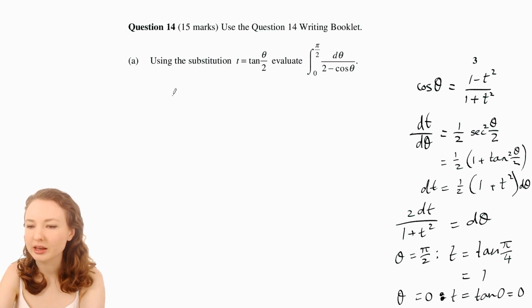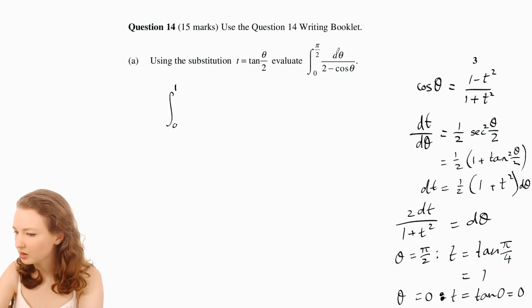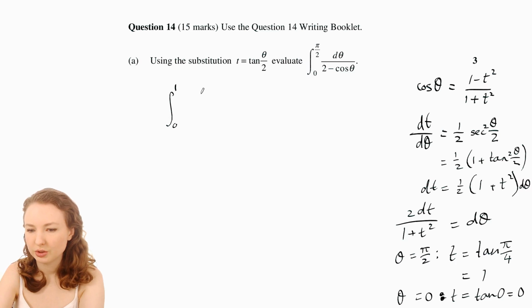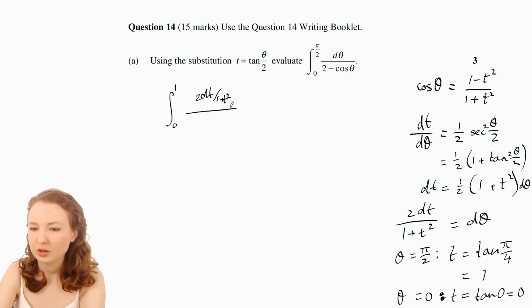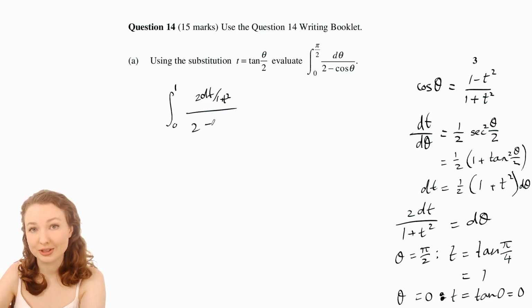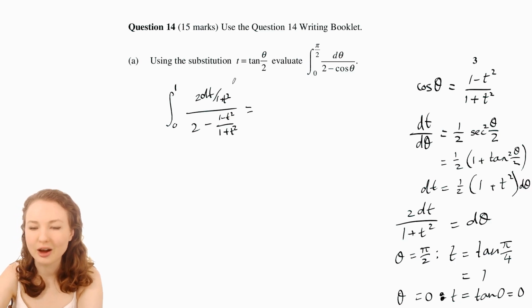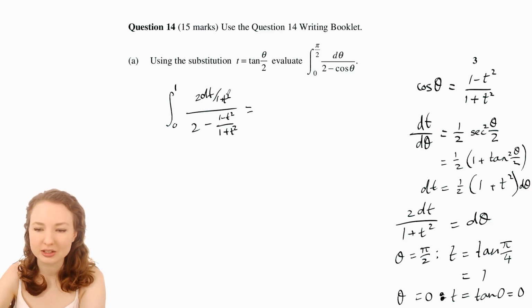Okay, so now we can say it's the integral from 0 to 1 of d theta, which is 2 dt on 1 plus t squared, all of that over 2 minus cos theta, which is (1 minus t squared) on (1 plus t squared). Now that looks really messy, but we can clean up this fraction by multiplying top and bottom by the 1 plus t squared.